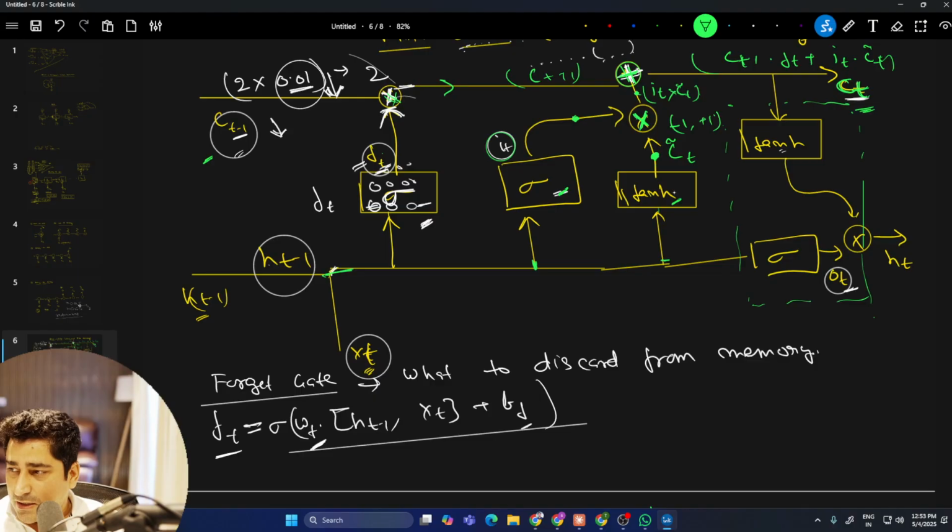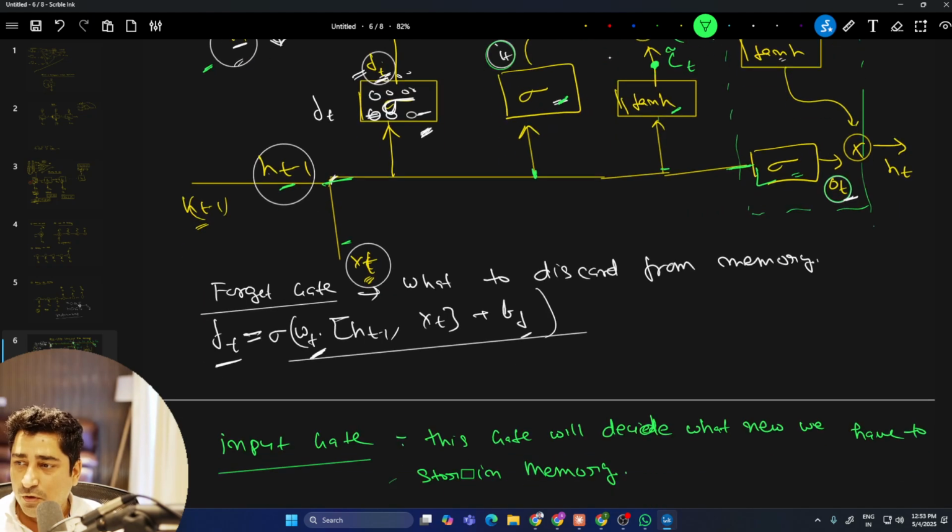So here you must be able to see OT, right? Now OT is coming out of this neural network, which is taking two inputs, HT minus 1 and XT. So let's try to write down the output of OT.